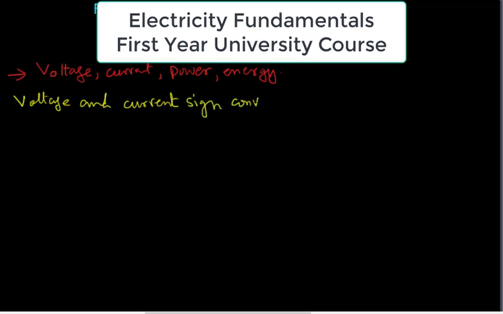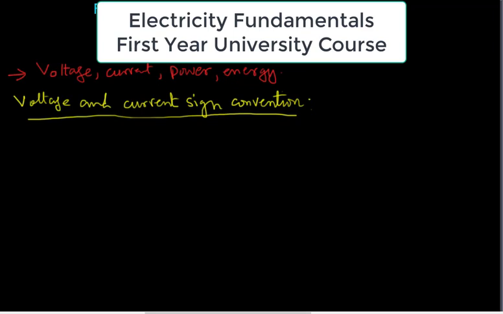Sign convention means that you are going to put a certain polarity across every voltage source and a certain direction of current through every element or current source. So how the voltages are going to be given polarities, and how the currents are given different signs.